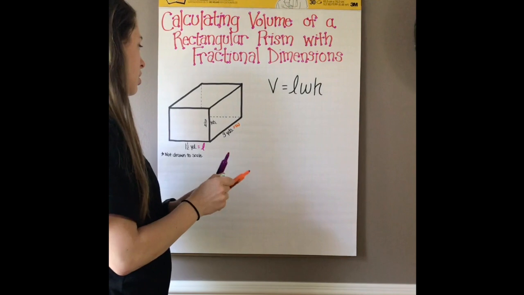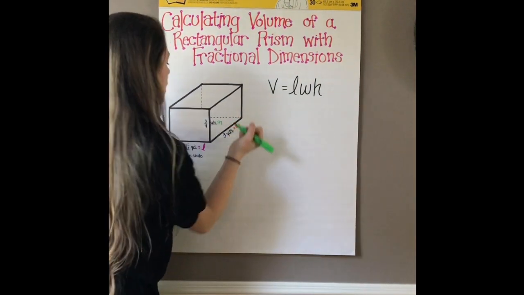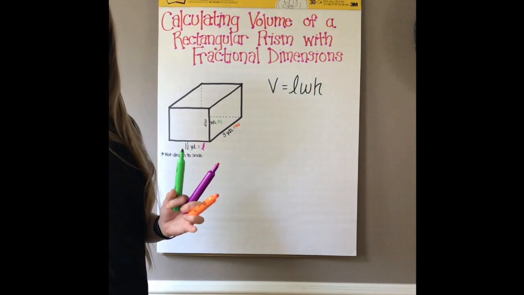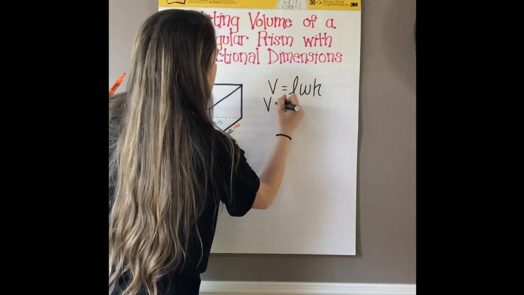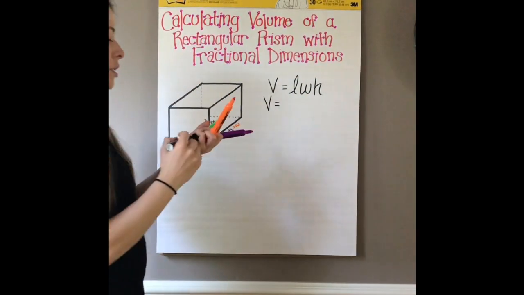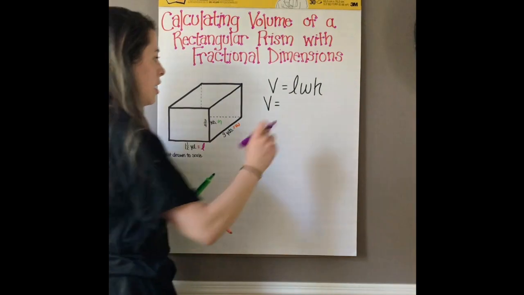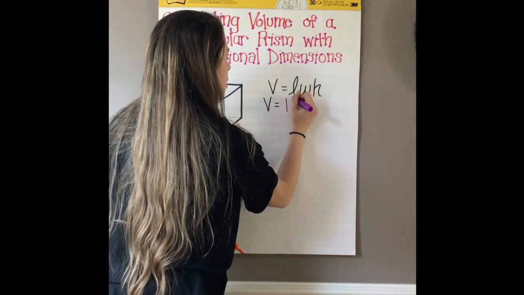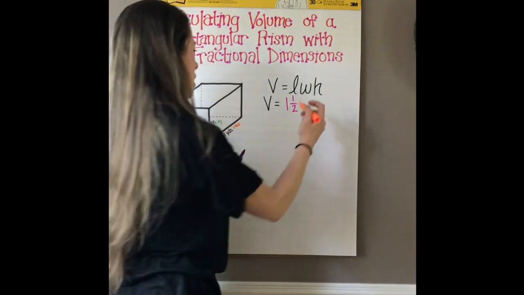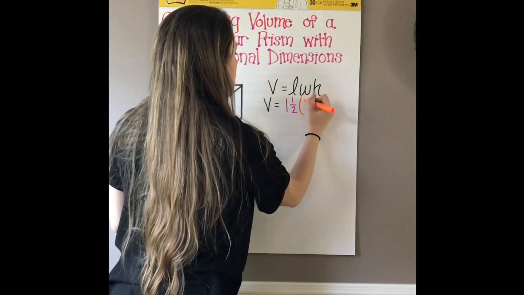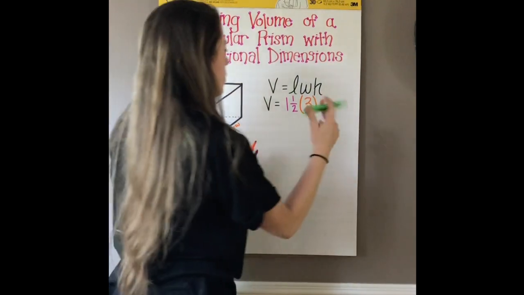And we're going to call 3/4 of a yard the height. So now we are going to substitute in the values that we have. So instead of length times width times height, I am going to write 1.5 times 3 times 3/4.